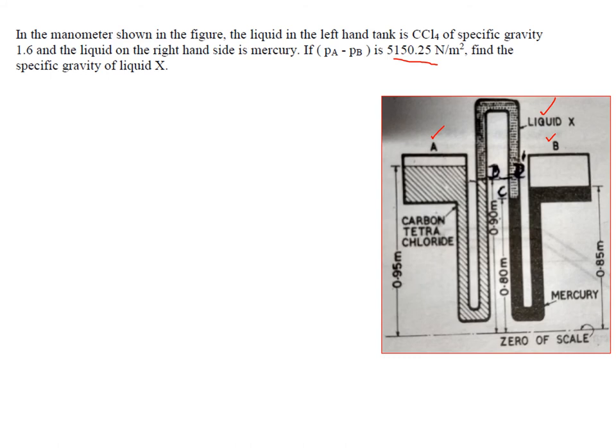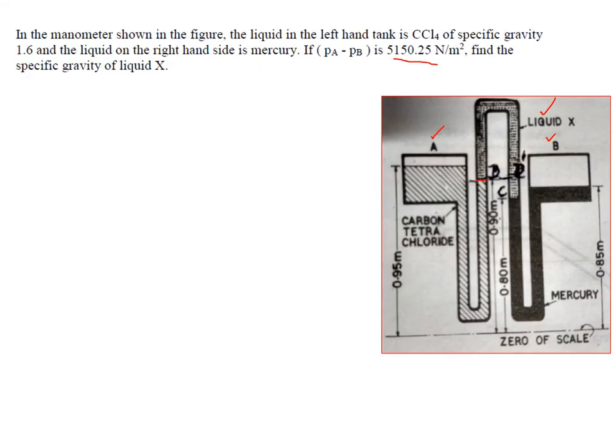So now you can equate at this particular level. If you start from B, we have to move along this and come to one reference point. This is one continuous liquid, liquid X. When you take pressure at D, it has to be equal to pressure at D dash.